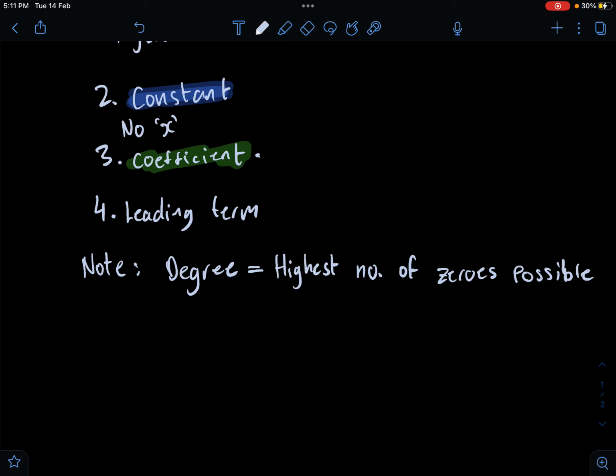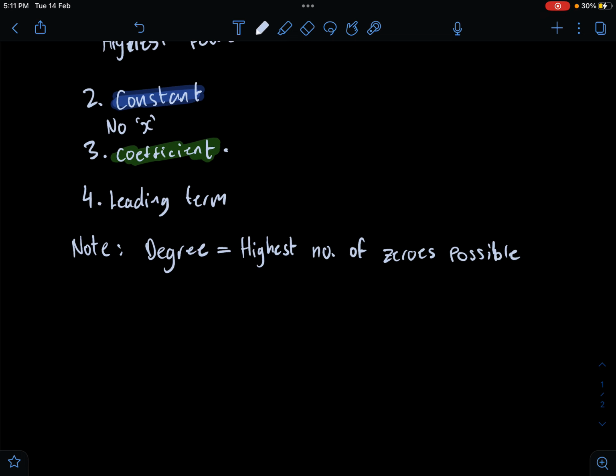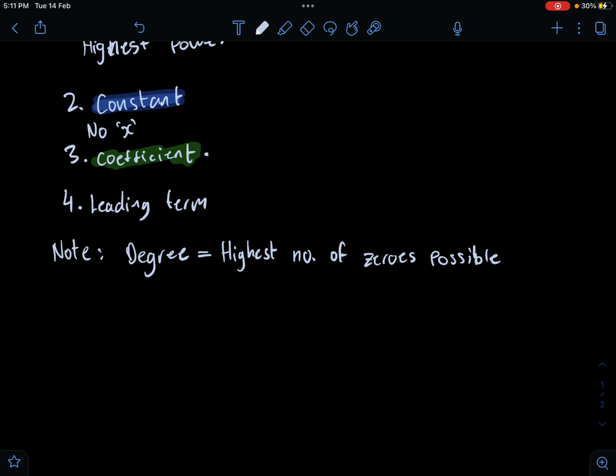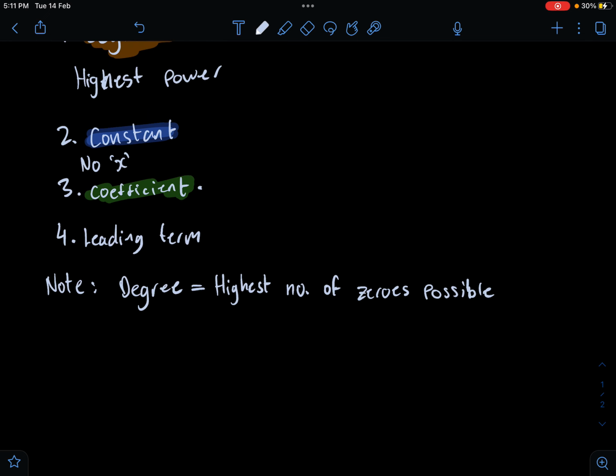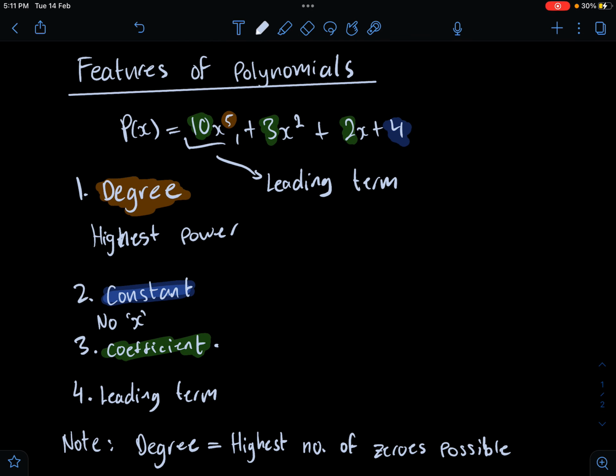Essentially what it means is it's the highest number of solutions possible for x. We'll get into that a little bit later, but that's just something to look at. You might have less than the degree amount, but you'll never have more than whatever number that is. So for this one, you'll never have more than 5 solutions because our degree is 5.